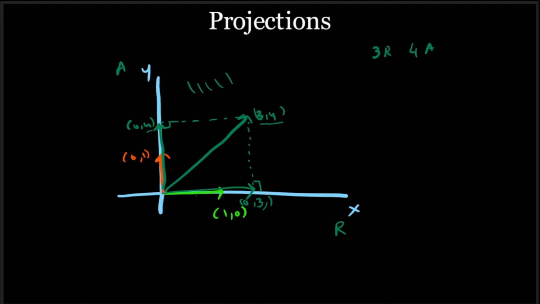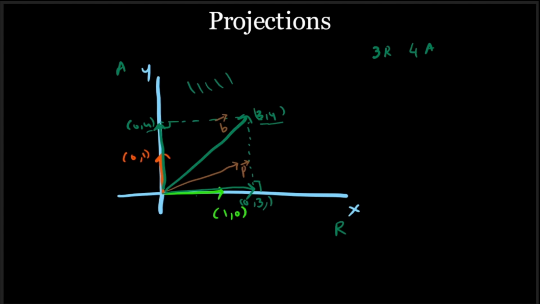These projections need not always be onto the basis vectors. We can have projection of one vector onto another vector. Say I have another vector p. Let's call this vector 3, 4 as b.